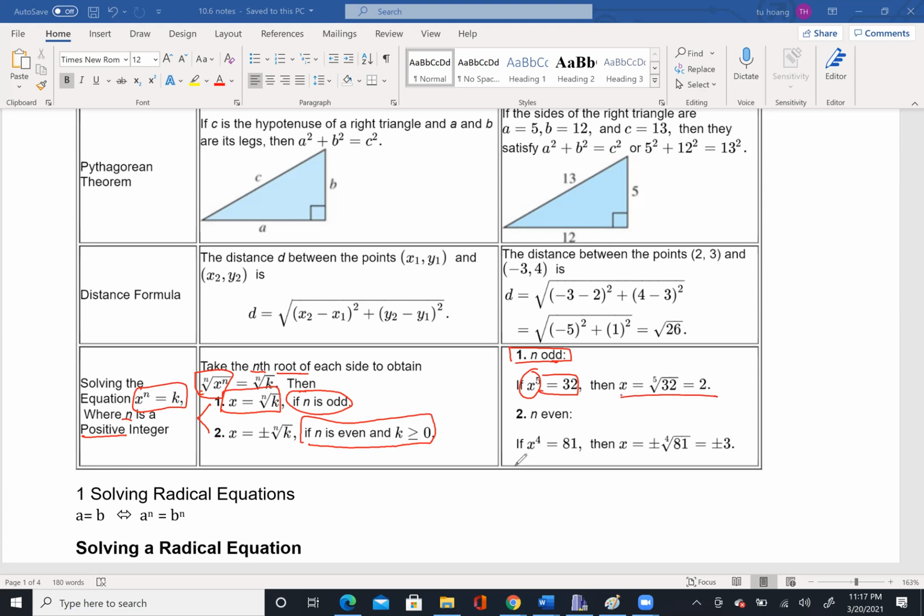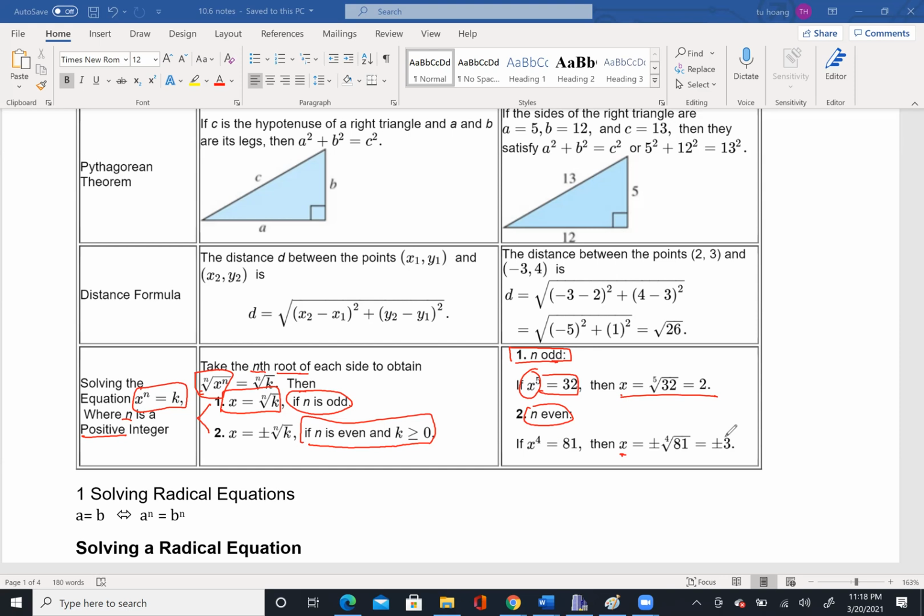And in the case where n is even, you have x to the fourth equal to 81, and then you're going to take the fourth root of both sides, and you're going to have x equal to positive and negative fourth root of 81, which is equal to positive and negative 3.